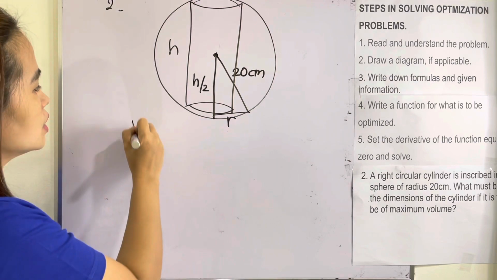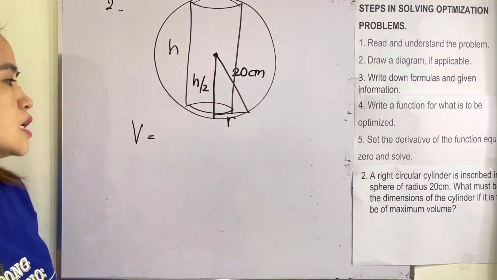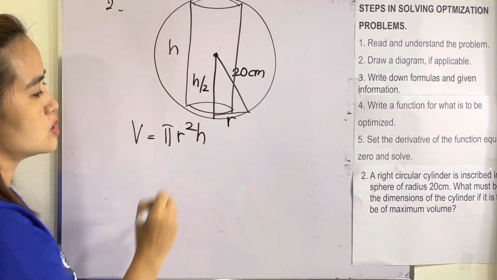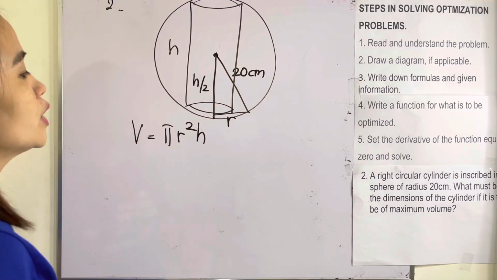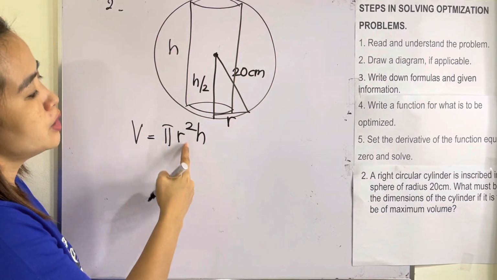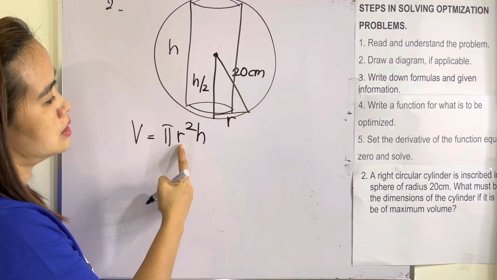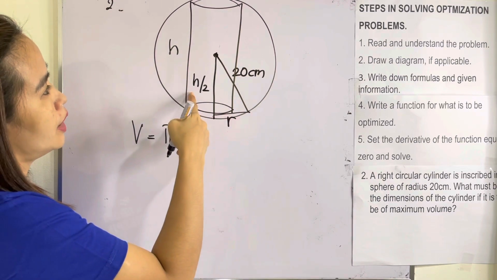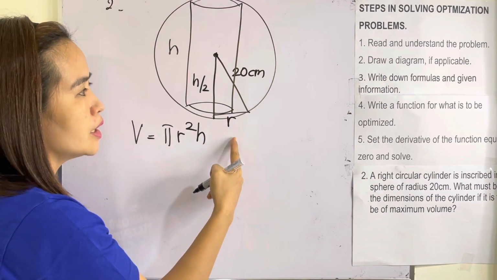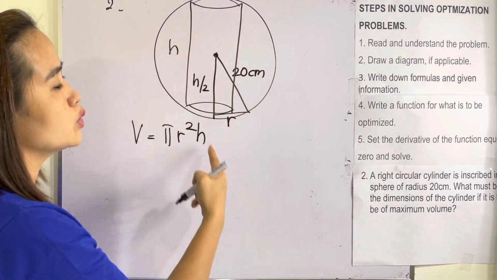Now we know that the volume of a cylinder is equivalent to pi r squared h. This one is the formula. How are we going to find the r? We will be finding the r since we already have the h here, meaning we will be writing r in terms of h. So how do we do that?